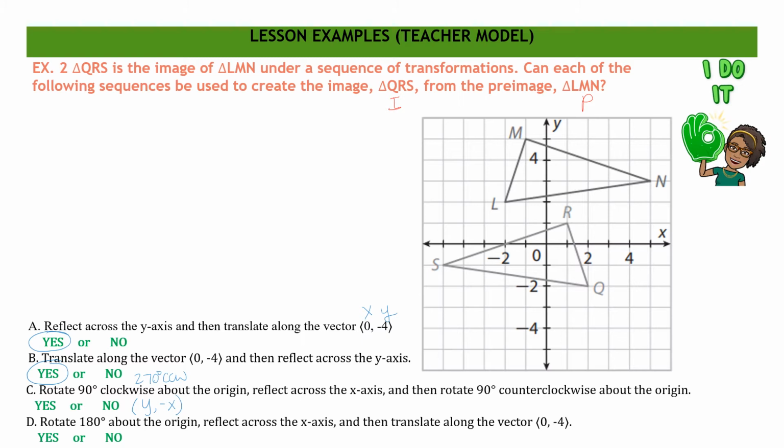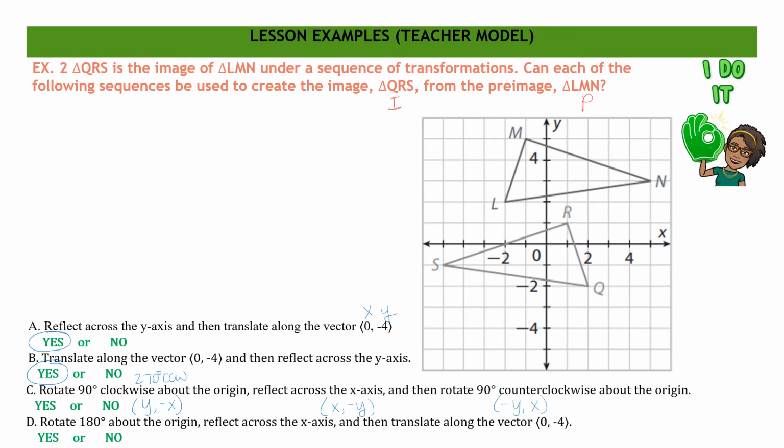Reflecting across the x-axis just means that I am going to change the sign of my y, and then rotating 90 degrees counterclockwise means I flip my points, but my y is opposite.